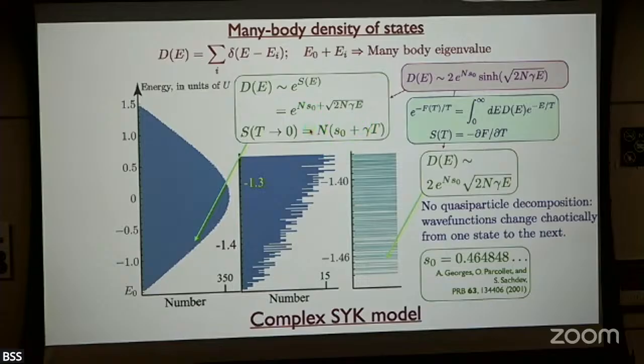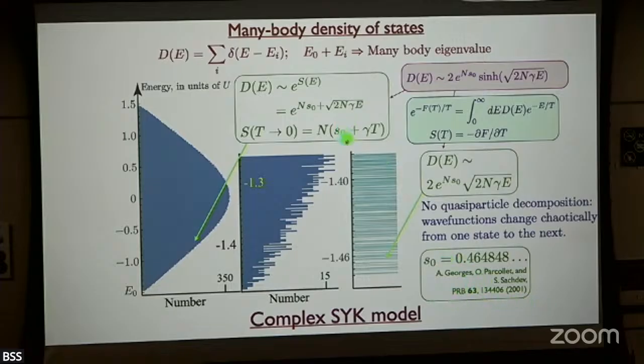So this system has a zero temperature entropy. At least, you notice this is when the system is extensive, taking the thermodynamic limit first, N has gone to infinity, and then you send the temperature to 0. Then you get this constant S0, which is actually a universal number that only depends on the filling, just computed.